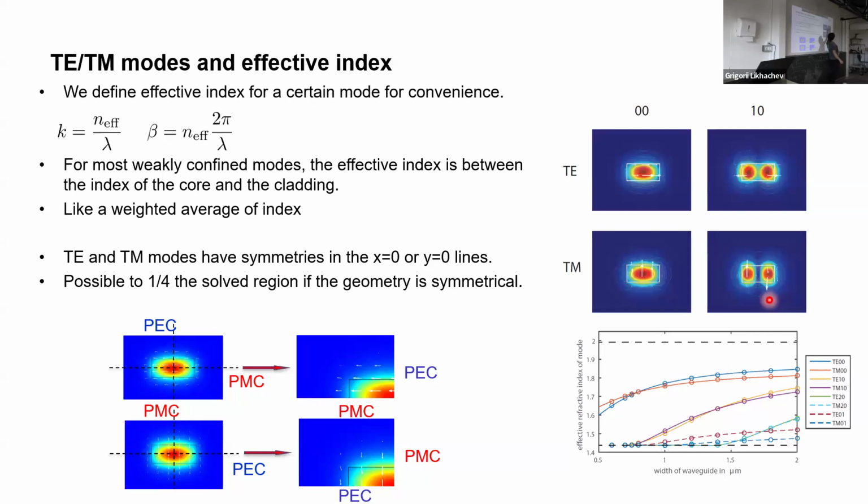Here, basically it flows back. And at the zero plane, you must have no perpendicular component, the vertical component. For the TM mode it is kind of the reverse. So basically the electric field is like this.